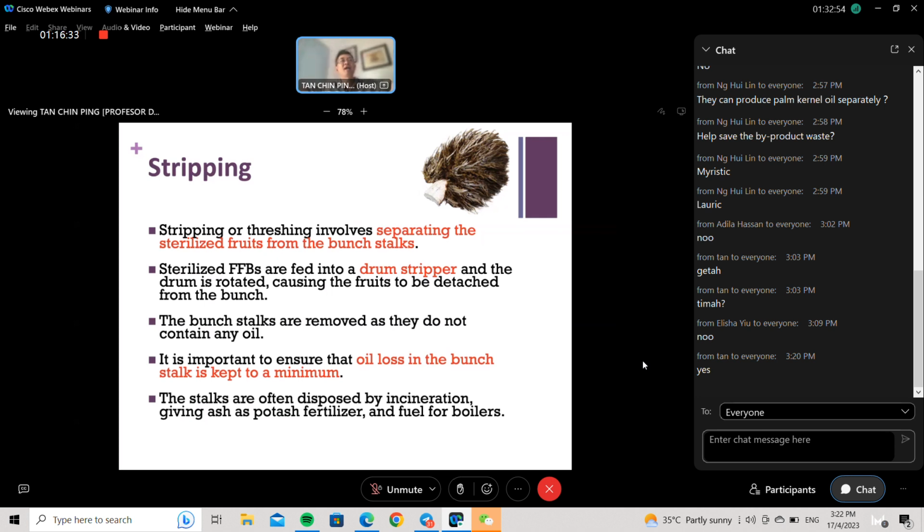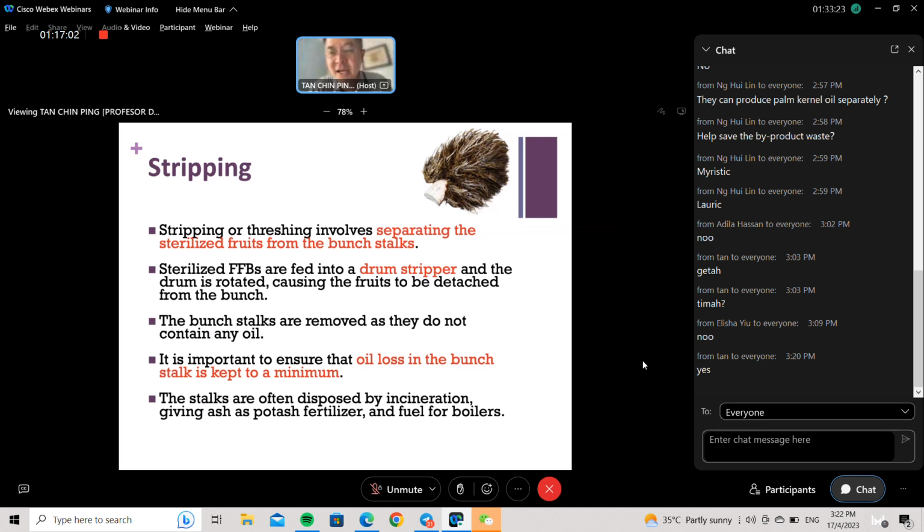They all piled up because you can imagine that in a day, let's say a mill is running on 2 shifts and handles 1,600 tons of FFB, they will have a lot of EFB at the end. Previously, no one wanted those EFB, so they put them surrounding the mill.